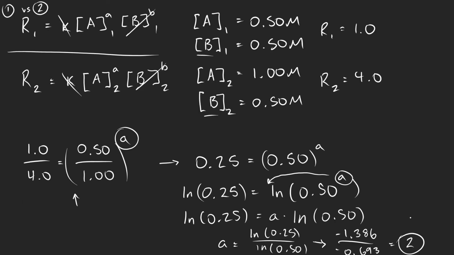Oftentimes, this number isn't going to be perfect, so what's recommended is that you round to the nearest quarter. There can be fractional powers, that is allowed. Generally, they are whole numbers, but there can be fractional powers.